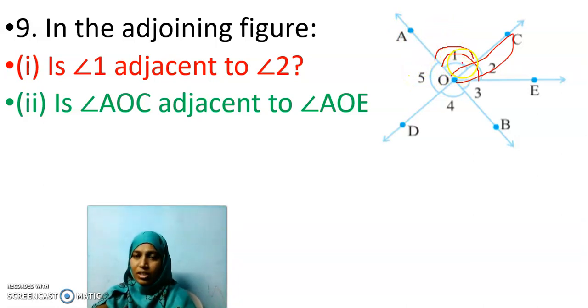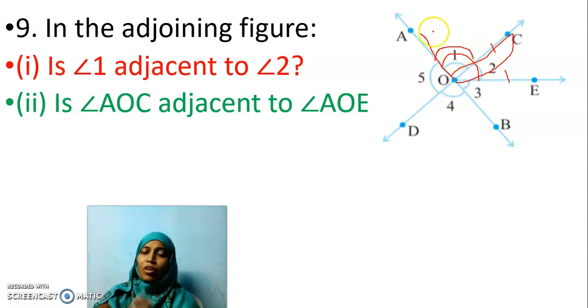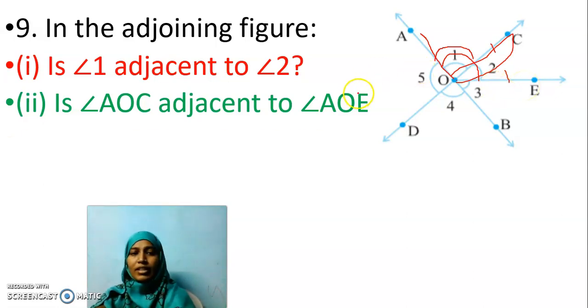Whenever we come across such a situation, surely they are not adjacent. Here AO is the common arm, and these two are non-common arms. These two non-common arms are not lying on either side. One should be lying on one side, the other should be on the other side. No, they are lying on the same side. So they are not adjacent.